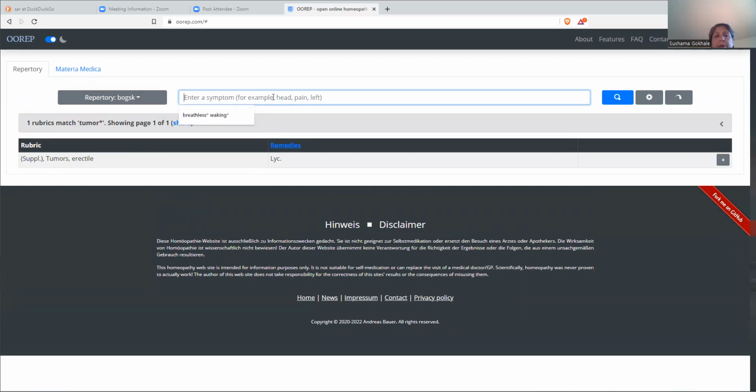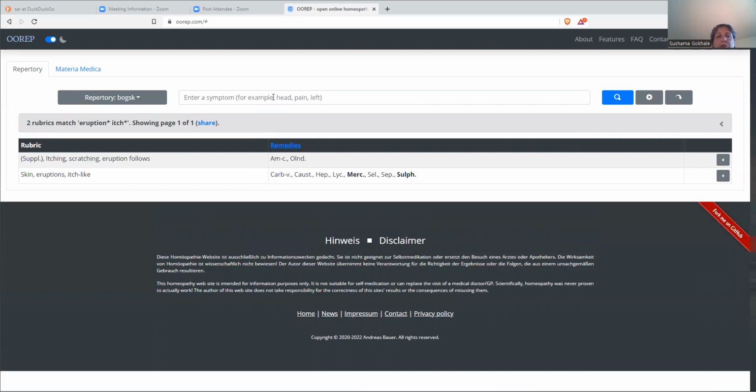If I say eruption, itch, it's going to show up. Eruption follows itching and scratching: Ammonium carbonicum, Oleander, Anise. Skin eruptions that itch a lot, like flea bites. Sulphur is a great remedy for that.